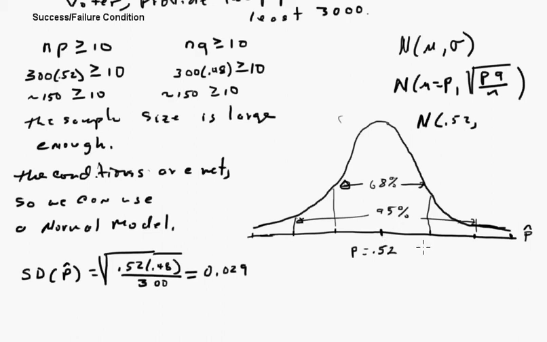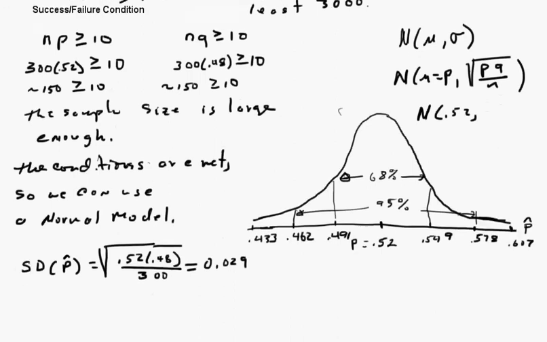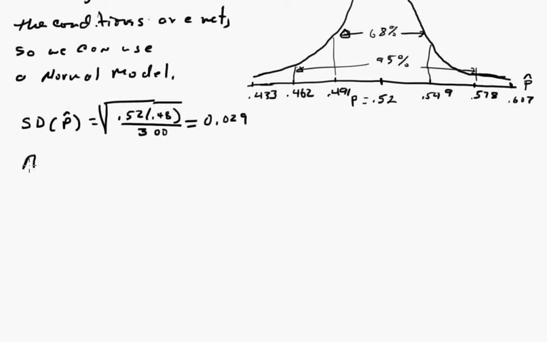This is going to be 0.549, and that's going to be 0.578, and this is going to be 0.607, and then if I subtract, this is going to be 0.491 and 0.462 and 0.433.